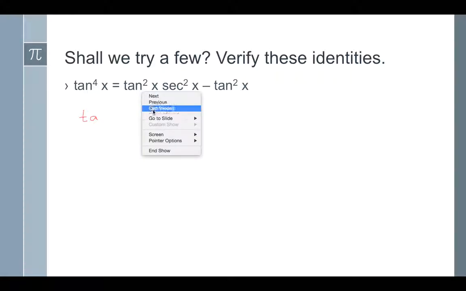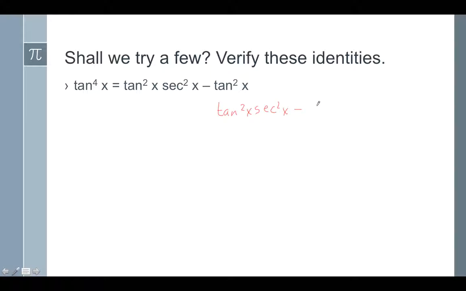Let's look at the right-hand side, because the right-hand side does look a little bit more complicated. So we're going to say tangent squared secant squared minus tangent squared. You can do this from the left-hand side, and that's where I was going to go, but I figured let's look at the more complicated side like we've been doing.